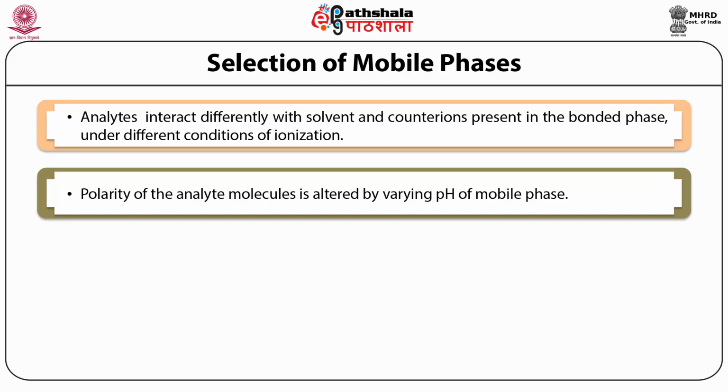If the analyte contains an acidic functional group with pKa equal to 3, retention at pH 2 will be significantly greater because the analyte will be almost completely non-ionized, or very less polar, while at pH 6 its retention will be significantly lower because the functional group will be almost completely ionized, that is, it would be more polar.